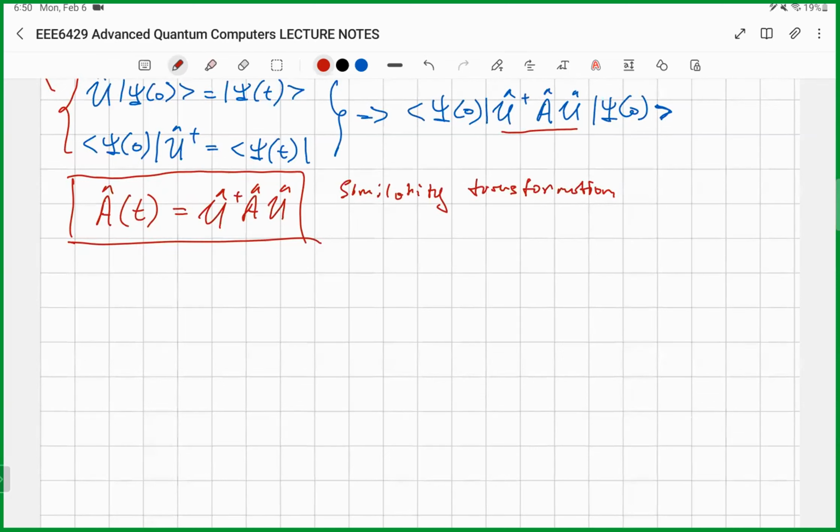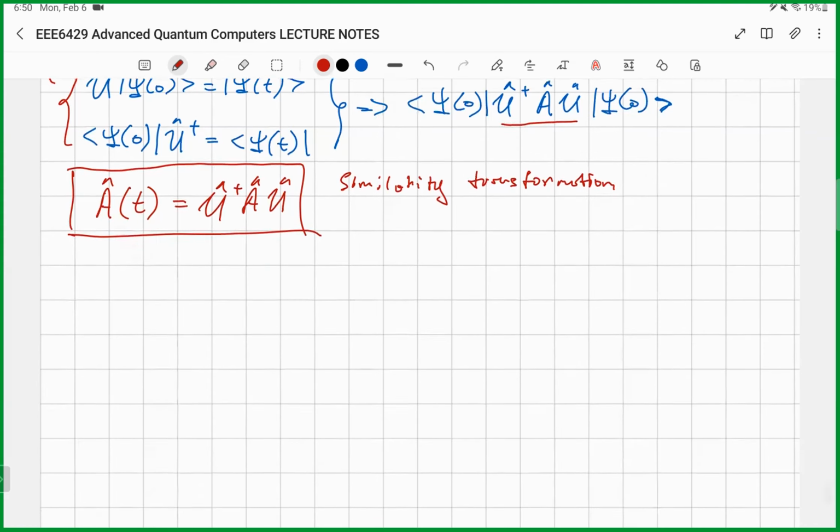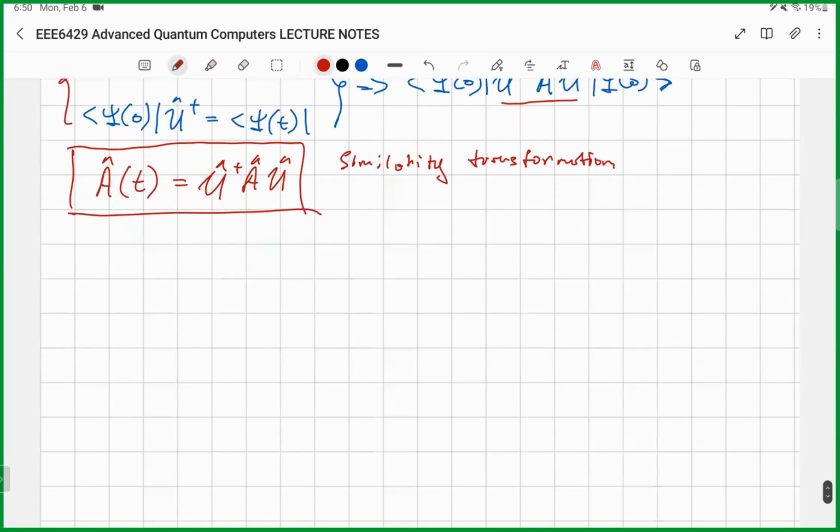And of course, in the Schrodinger picture, we have the Schrodinger equation, right? It is the most important equation in the Schrodinger picture. But what about the Heisenberg picture? Well, here we also have, say, a master equation, and let's derive this.